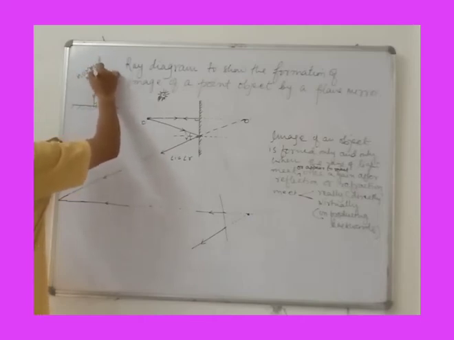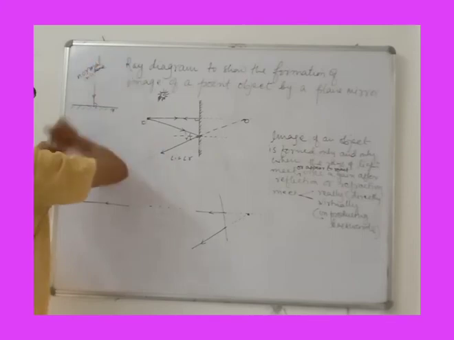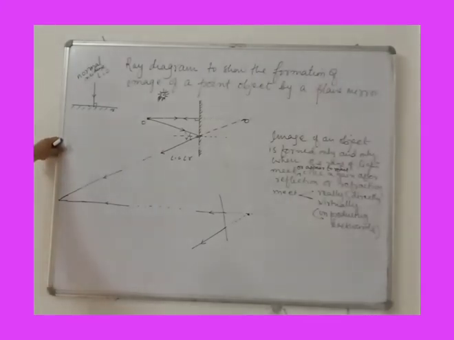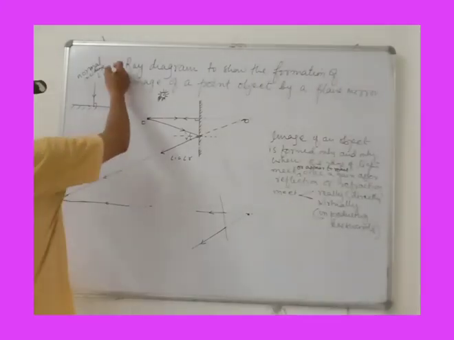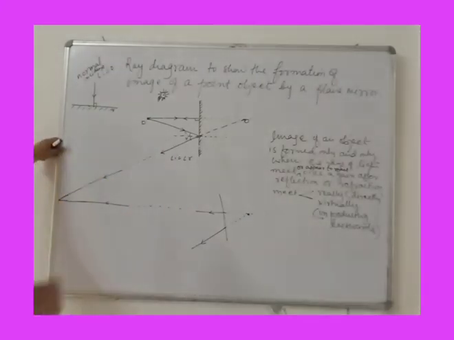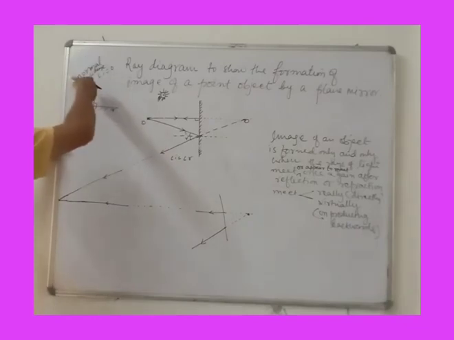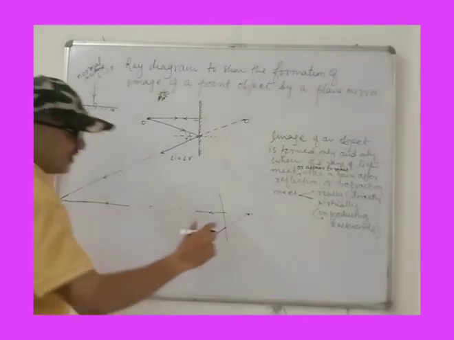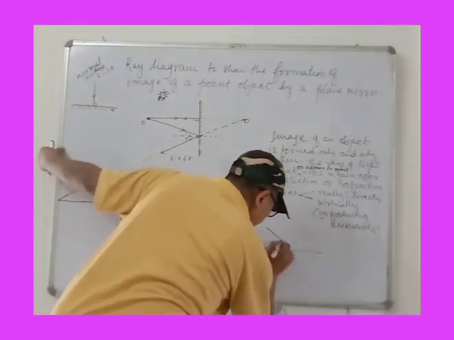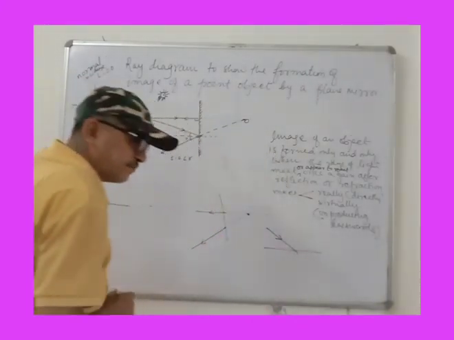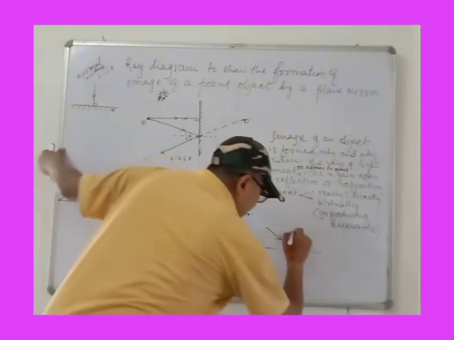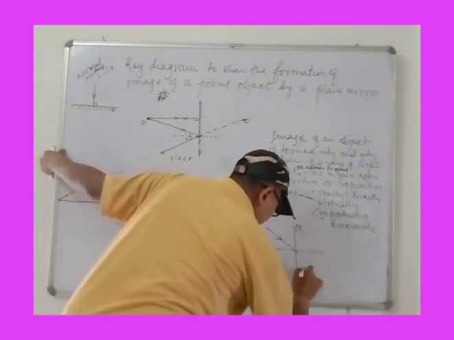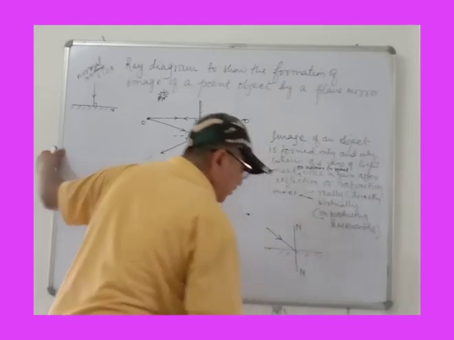That is called normal incidence. Normal incidence means angle i is equal to 90. No, angle i is 0. It means the incident ray is making an angle of 90 degrees with the mirror, not with the normal. Let me explain this again. Suppose this is the incident ray and there is a normal.